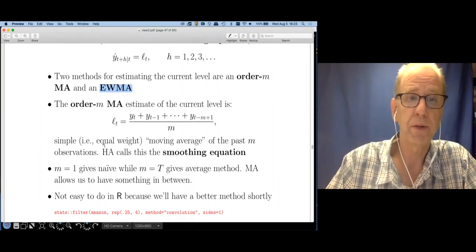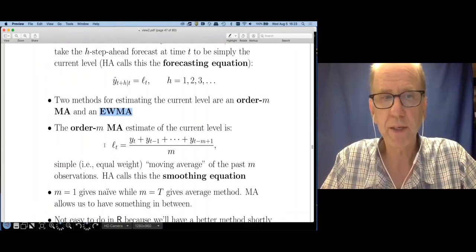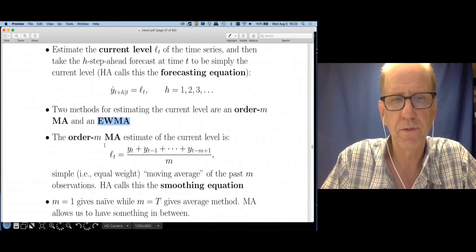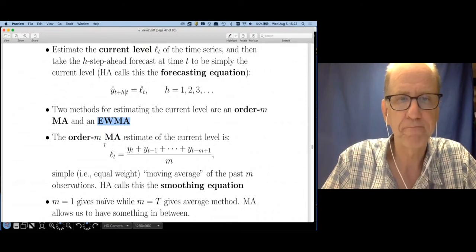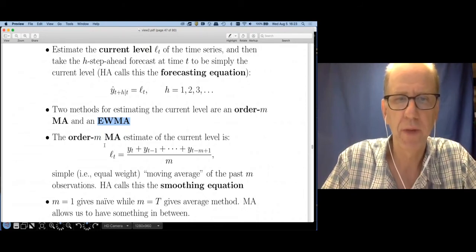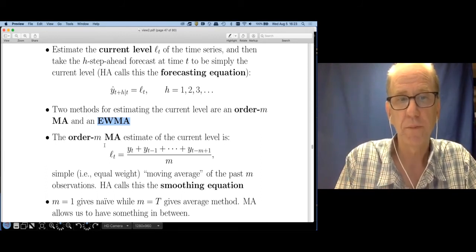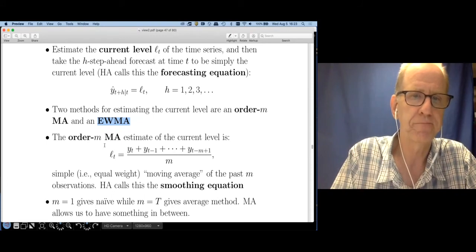A couple things about it. I've already hinted at this earlier in the video. If I take a moving average of order 1 to do this forecasting, that gives me the naive method. So that just says use the most recent value to forecast the next value.